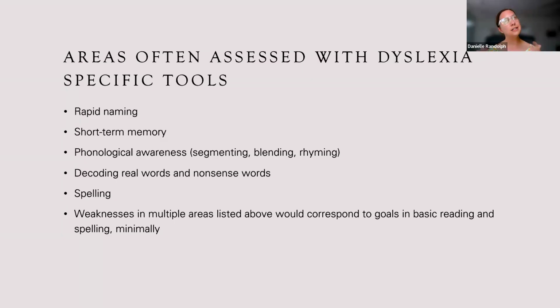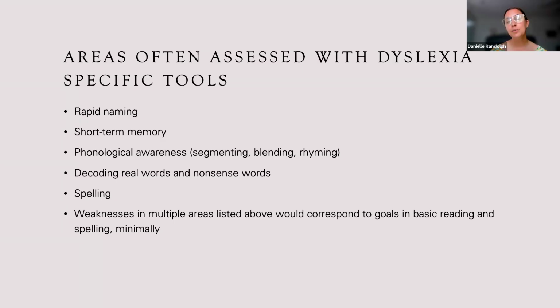Not so much anymore, but what I found years ago was a lot of school psychs would just do your basic cognitive assessment that doesn't look at auditory processing. All the scores would come back average. They would do just your basic academic assessment, and most of the scores would come back average. Maybe your basic reading score might be a little bit lower, but they wouldn't see that as a student who has a disability, let alone dyslexia.